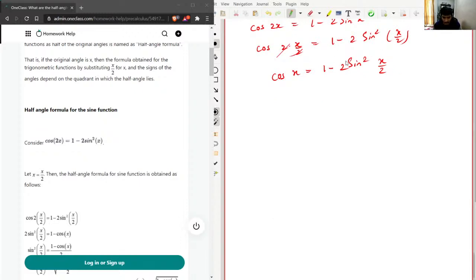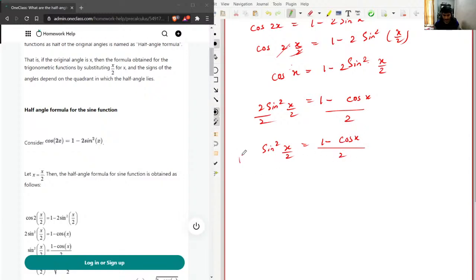So I can take this term here and this one here, so it will become 2 sine square x over 2 equal to 1 minus cosine of x. Again, let's say you have x as 60 degrees and you wanted to calculate for 30, then this will become 60 by 2, which is 30, and then you can just calculate. So we'll be dividing both the sides by 2, and this will become sine square x over 2 equals 1 minus cosine x over 2.